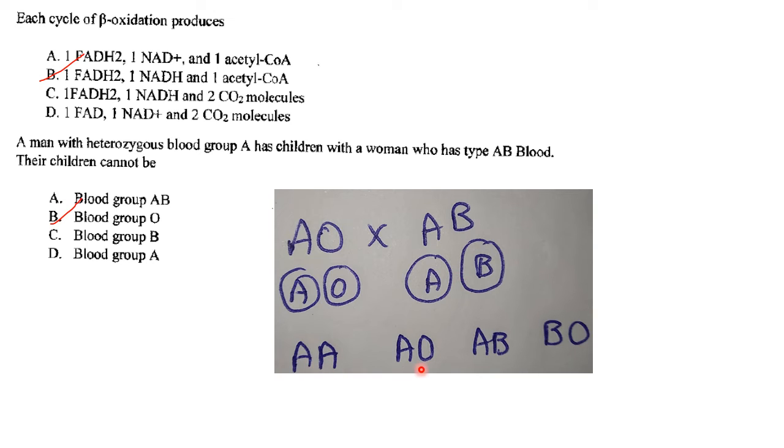So you will have the A blood group with genotypes AA and AO, which are of phenotype A, and AB will be AB blood group and BO will be B blood group. So the children cannot have blood group O. So the answer here is option B, that is blood group O.